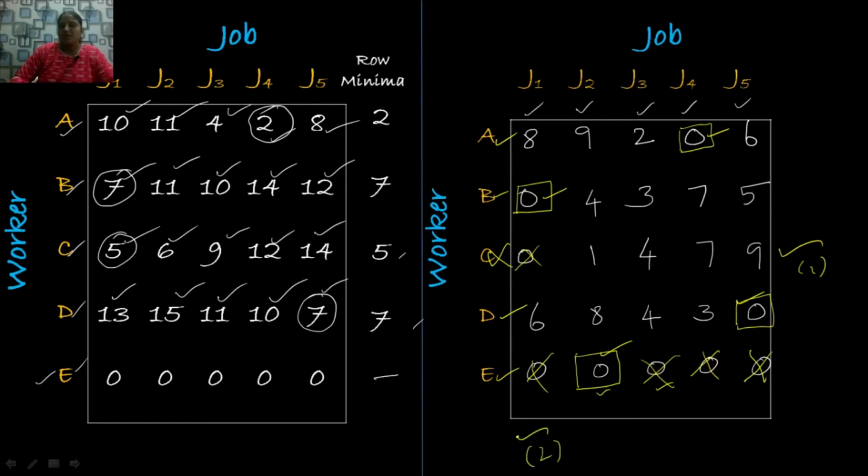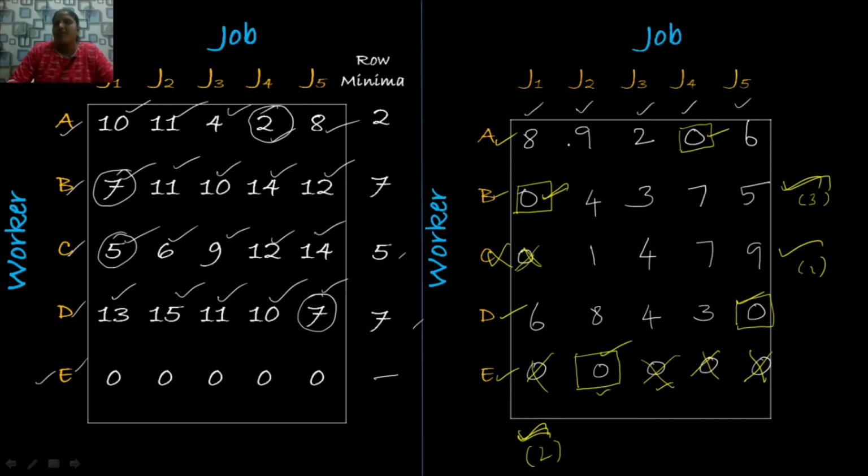Mark the column which has a 0 element in the marked row. After doing this, look at this column. Is there any assignment in this column? Yes, there is an assignment at this position. So you mark the corresponding row. This is your third step. So mark the row which doesn't have any assignment. Then mark the column which has a 0 element in this marked row. Then mark the row which has an assignment in the marked column.